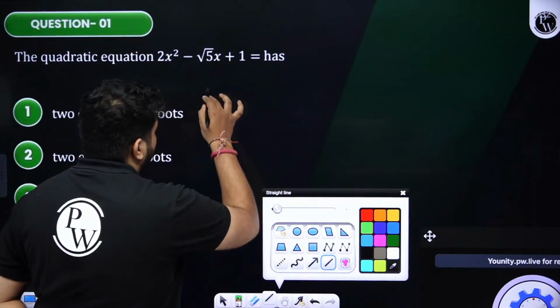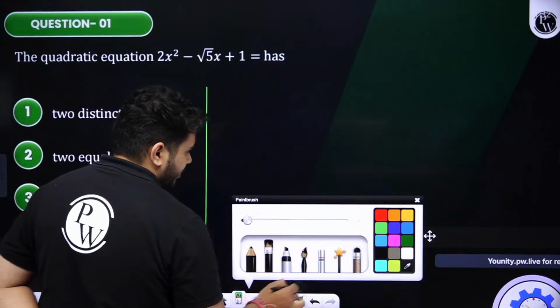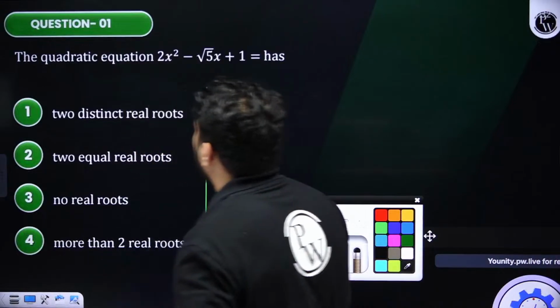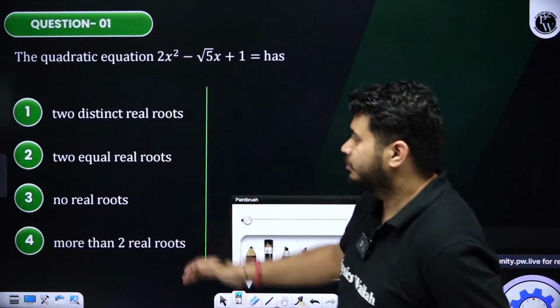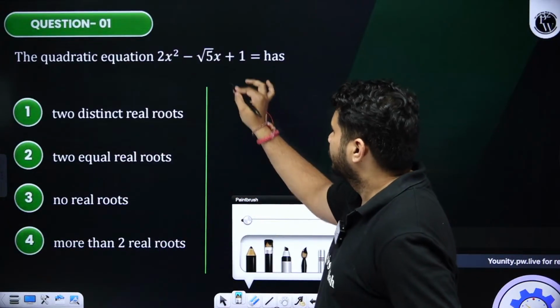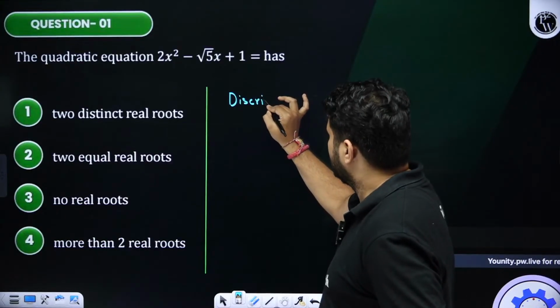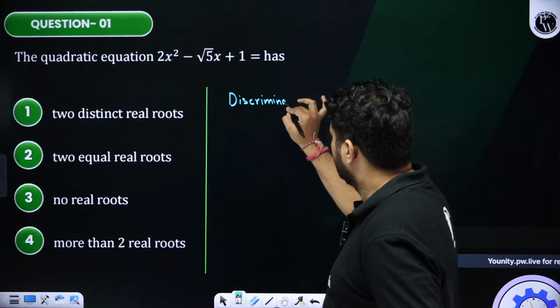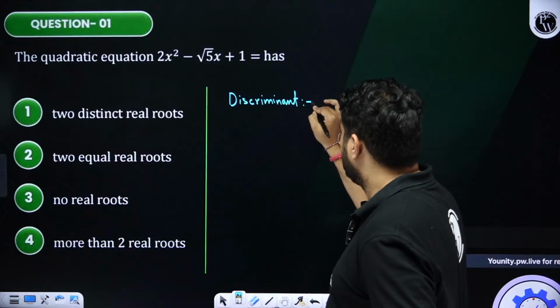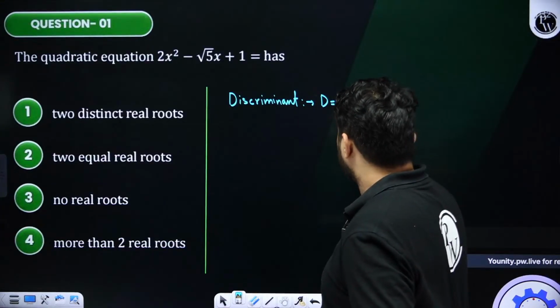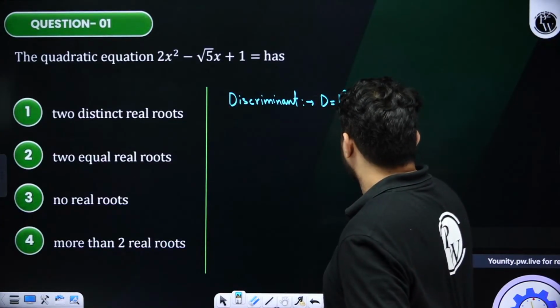So if you observe this, they are asking what kind of roots the quadratic equation has. For roots, we need to find the discriminant value, that is d is equal to b square minus 4ac.